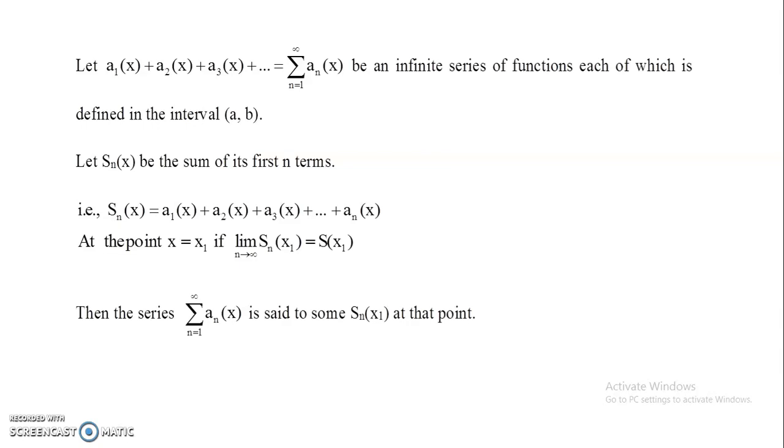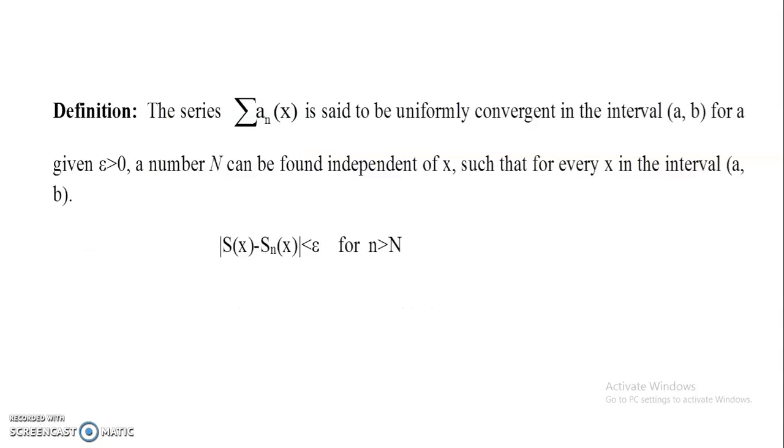At x equal to x1, if the limit of Sn of x1 equals s of x1 as n approaches infinity, then we can say that this series summation an of x is said to sum to s of x1 at that point.